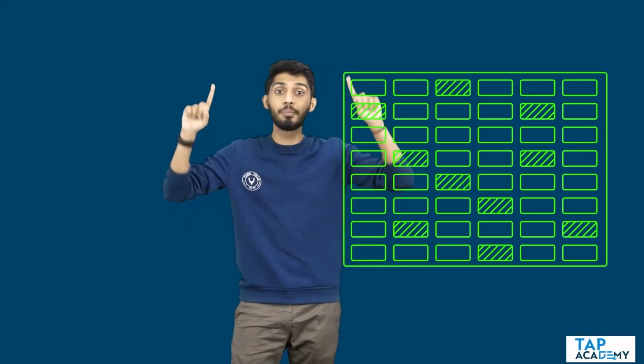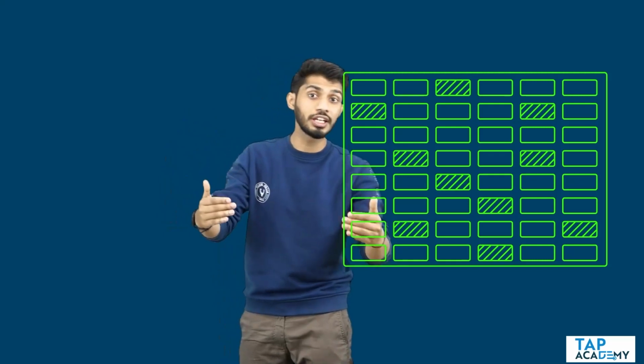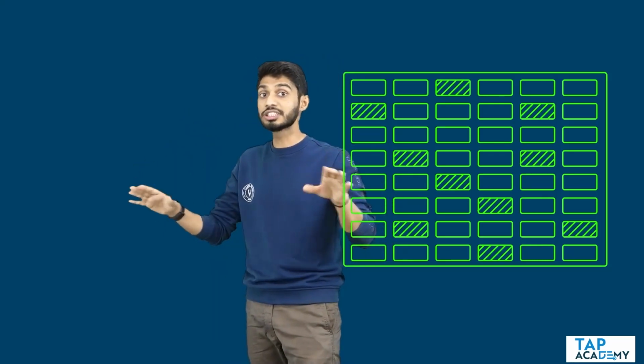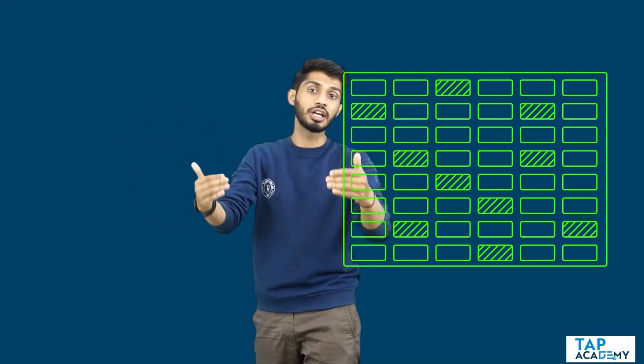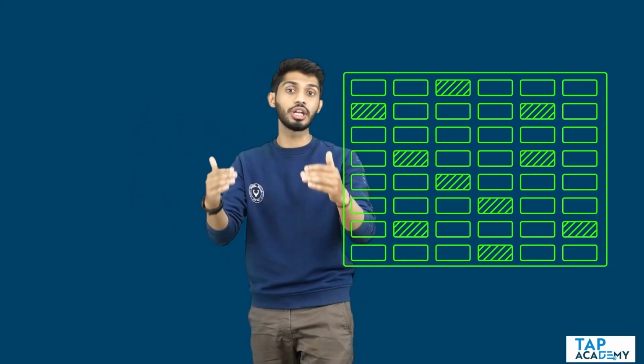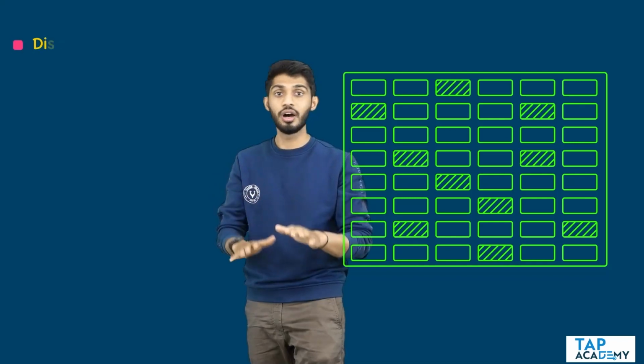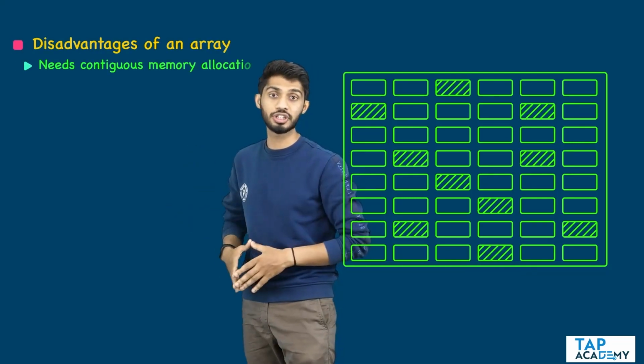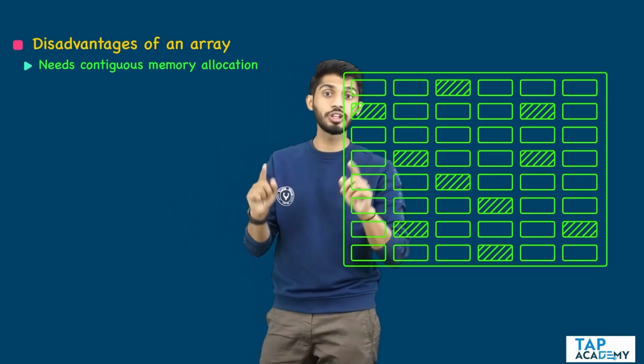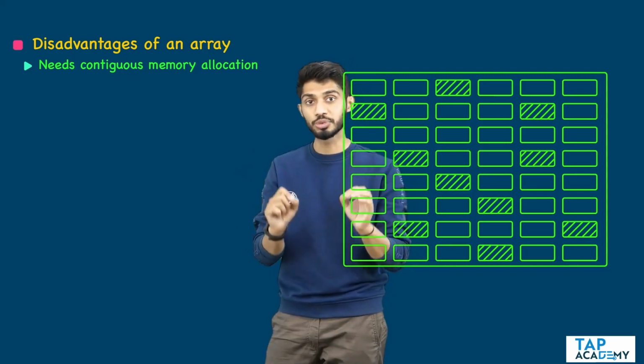If you observe the complete memory, there are a lot more than 10 memory blocks available, but since 10 are not available contiguously, you won't be able to create an array or a list. How we can overcome this challenge is when this new data structure comes into the picture. So this is one of the major disadvantages when it comes to an array.